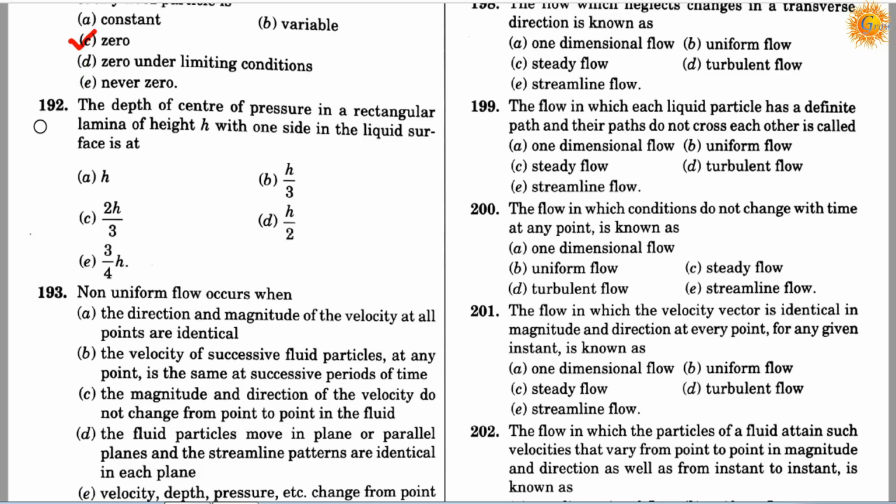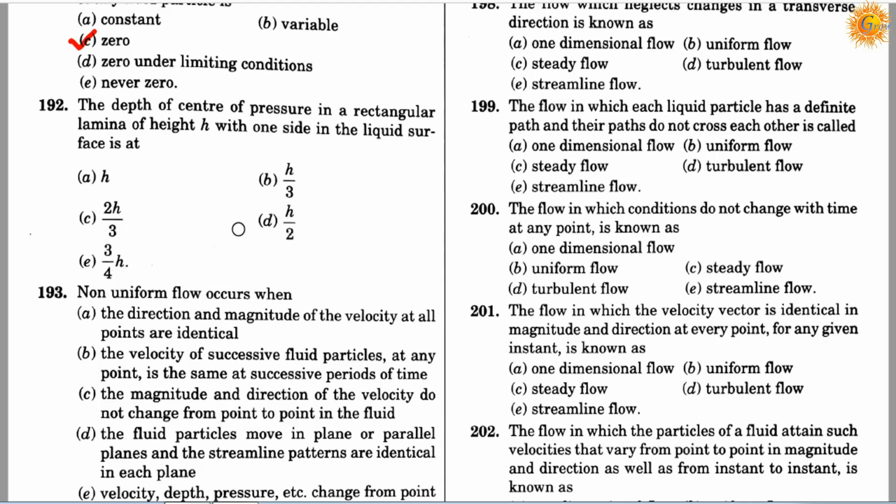Question number 192. The depth of the center of pressure in a rectangular lamina of length h with one side in the liquid surface is at option A, h, option B, h by 3, option C, 2h by 3, option D, h by 2, and option E, 3 upon 4 into h.